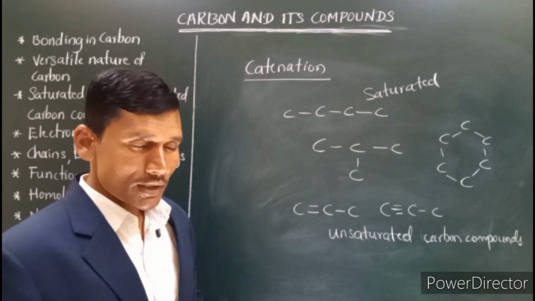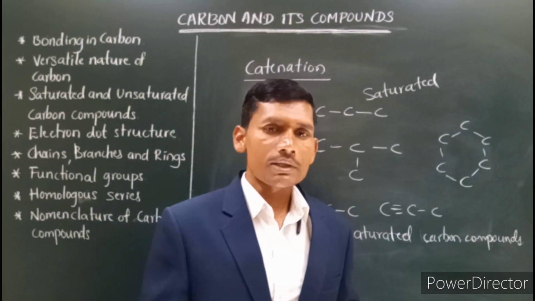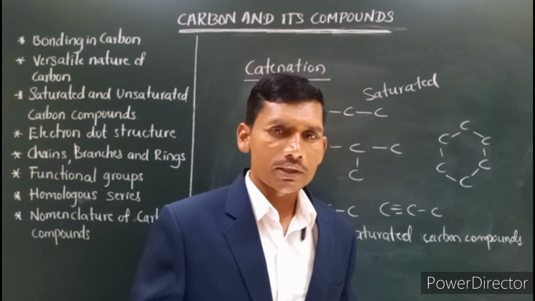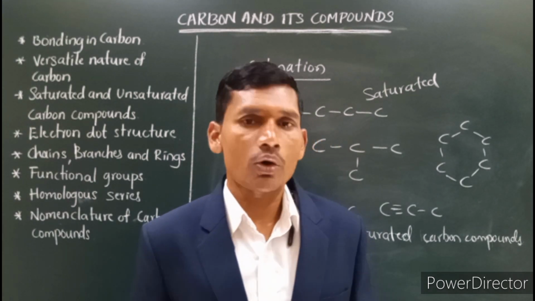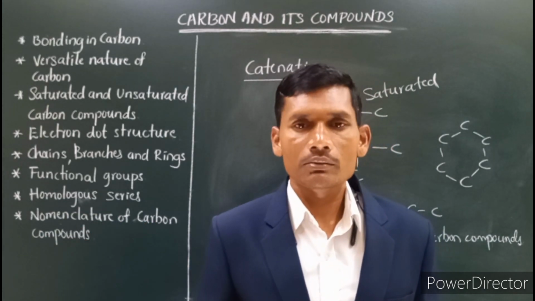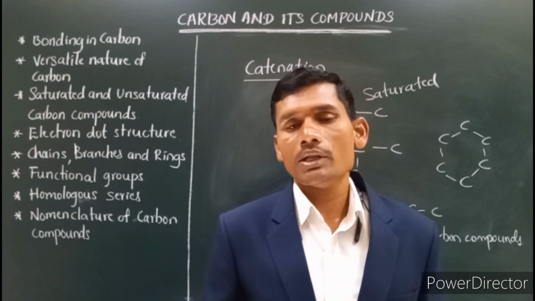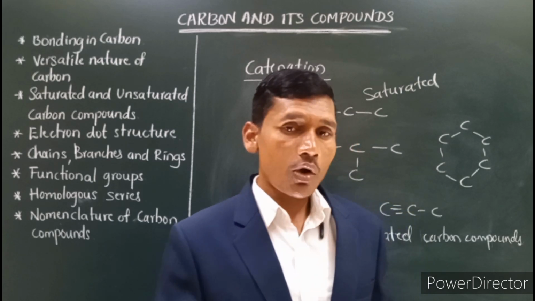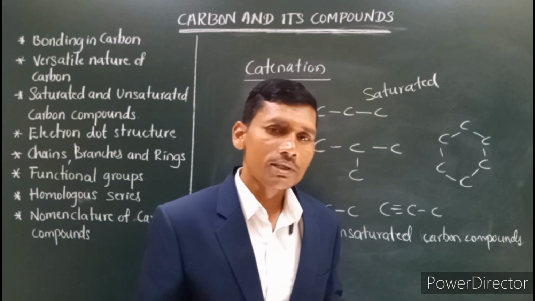That property of catenation will not be exhibited by other elements. Even if you take silicon, it can make bonds with up to 7 to 8 atoms, but those bonds will not be stable. They are highly reactive. But the bonds formed by carbon atoms will be stable.